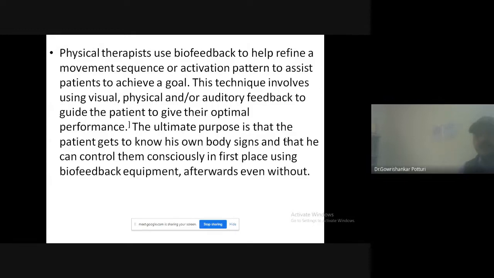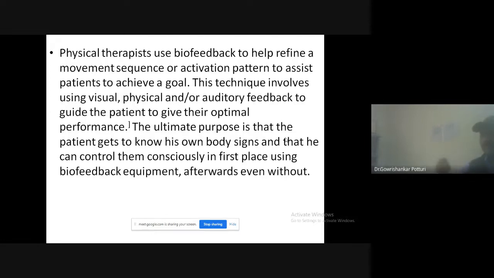You can use visual biofeedback, physical biofeedback, or auditory feedback to guide the patient to give their optimal performance. The ultimate purpose is that the patient gets to know his own body signs and that he can control them consciously, in the first place using biofeedback equipment, afterwards even without.